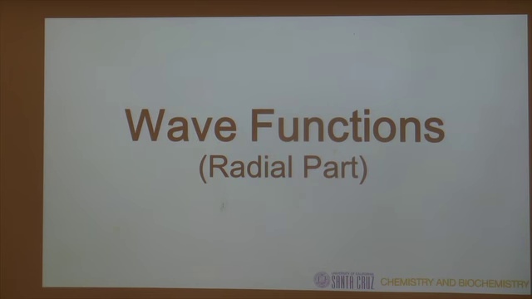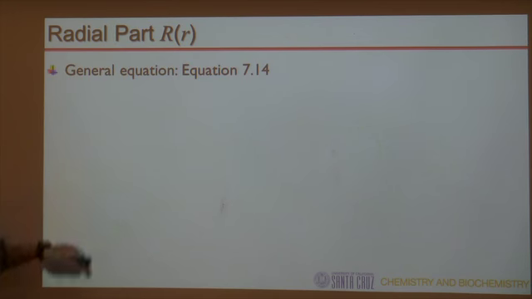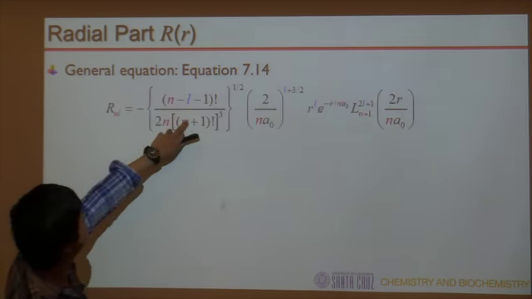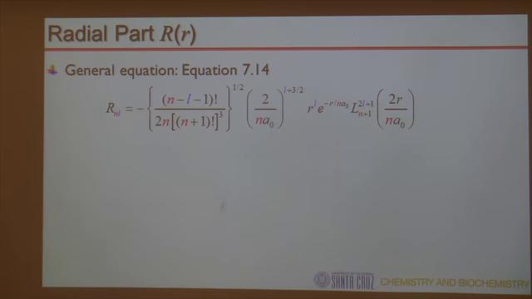In this section, we talk about the wave function first. We already know the wave function consists of 2 parts, the radial part and the angular part. Let's take a look at the radial part first. The general solution of the Schrodinger equation for the radial part is given in equation 7.14.